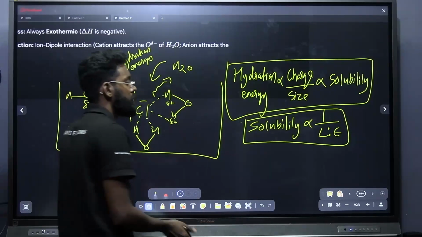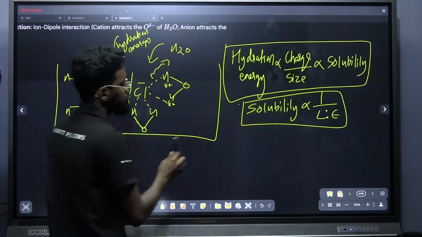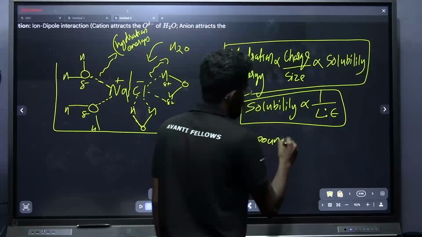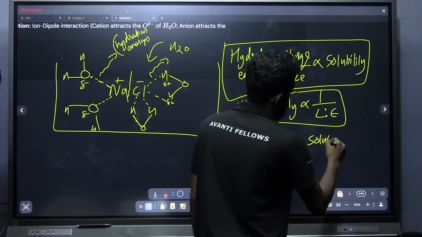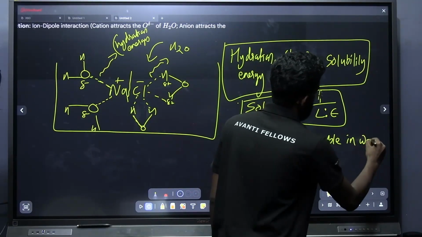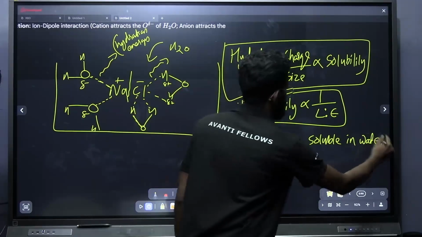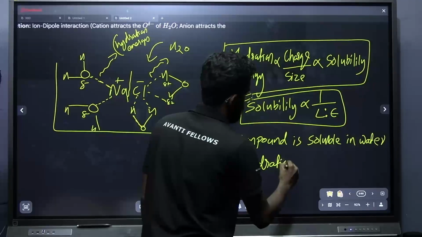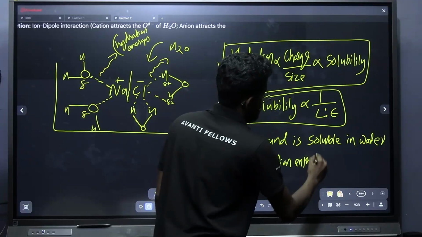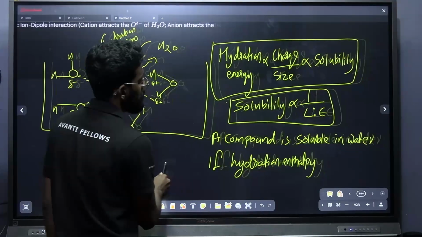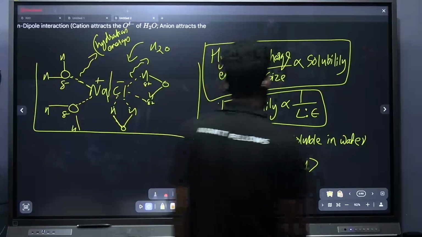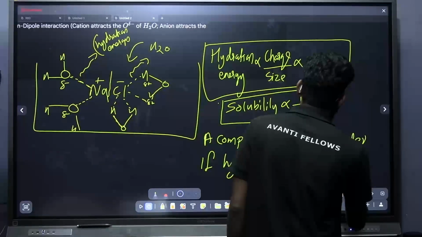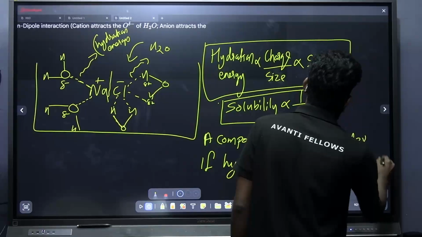We will decide solubility like this: a compound is soluble in water if hydration enthalpy is greater than lattice enthalpy.